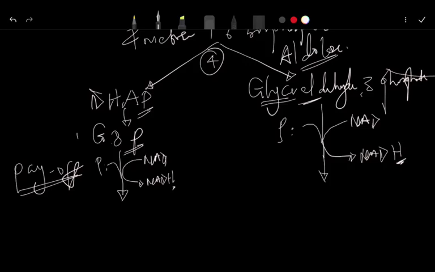Are you there? Alright, so in step 5, apart from the oxidation reaction, we also added what? Phosphate. Now what we get, by virtue of the oxidation reaction, is that the aldehyde will become an acid, instead of being an aldehyde.